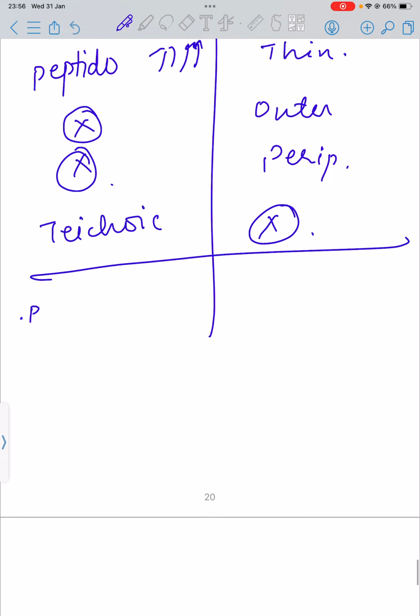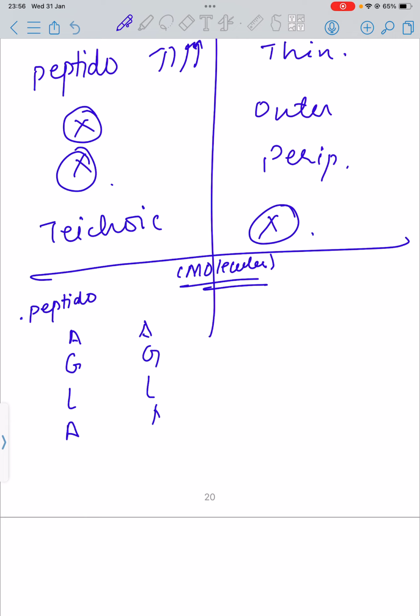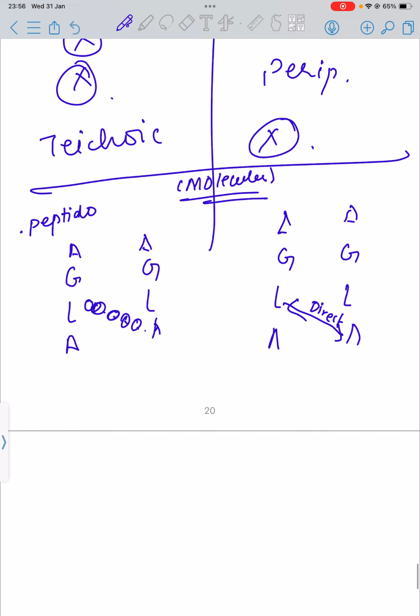Now talking about the peptidoglycan layer at the molecular level, AGLA arrangements are connected by a peptide side chain here. Here there is one direct connection. Now you'll think, why is there a direct connection?